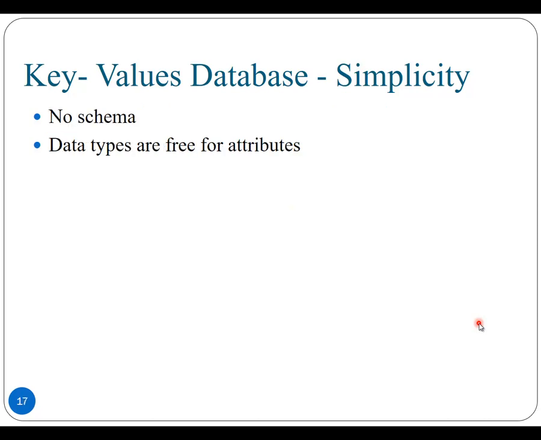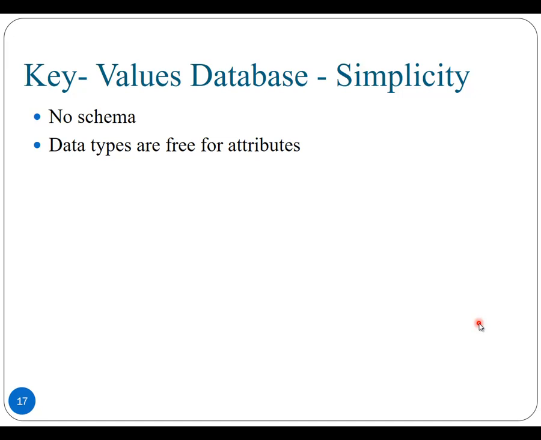Okay, one of the things that make the key value database simple is that it doesn't have a schema. As we said, many of the NoSQL databases don't have a schema, and the key value database is one of them.